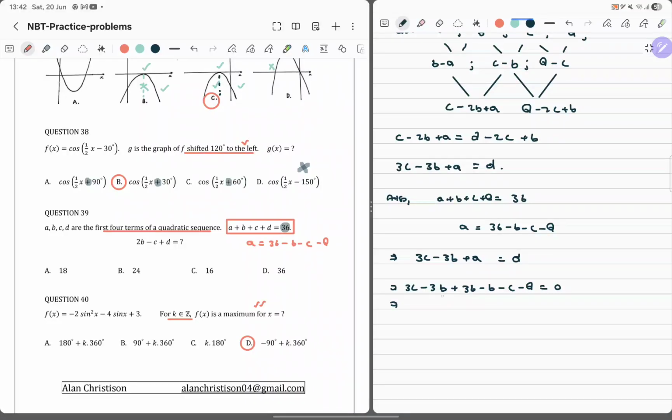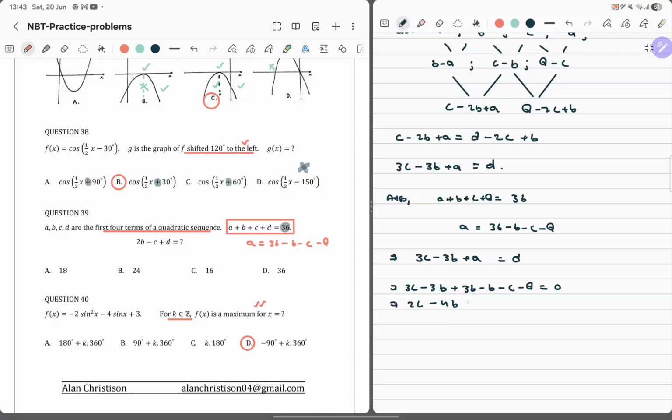And then what do we have now? So this is 3c minus c. This is 2c minus 3b plus, wait, okay, yeah. Minus 3b minus this is going to be minus 4b. Okay.